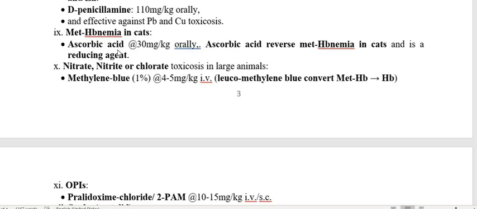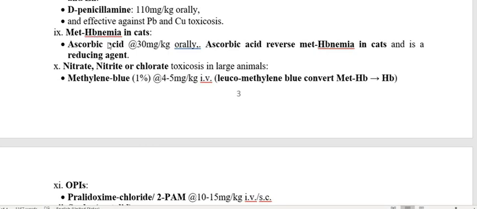The +3 form of the hemoglobin does not possess the property to carry oxygen to the cell for cellular respiration, so it inhibits cellular respiration. The iron present in methemoglobin doesn't have the property to carry oxygen. So no oxygen to the cell, no cellular respiration, and therefore a toxic effect is produced.